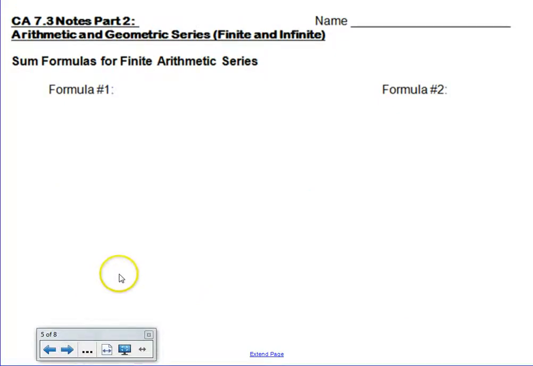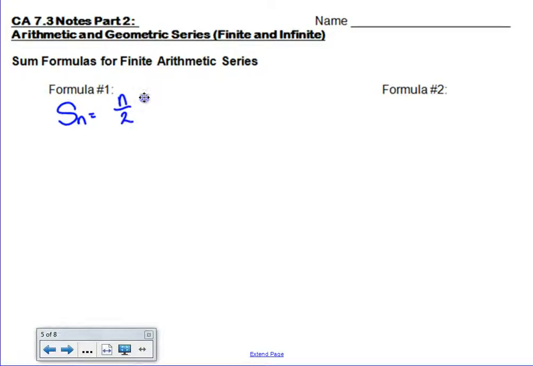All right, on the back of these notes, it's 7.3 part 2, and now we're going to talk about different formulas for arithmetic series, and then we're going to see a finite series and also an infinite series. We will talk about infinite geometric series at the end of this. So formula number 1, if you think you have enough information to use this formula, then it's the right one.